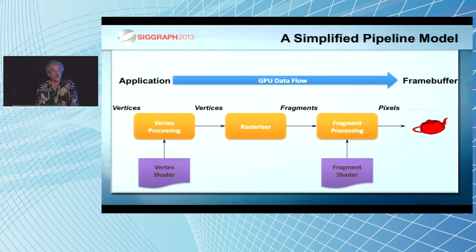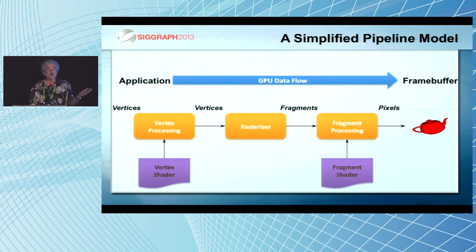I go on to fragment processing, which is described through a separate program called a fragment shader, and that fragment shader operates on each fragment. So another way to look at this is that a vertex processor is a program that acts on every single vertex that comes down that pipeline. A fragment shader is a program that operates on every single fragment which comes out of the rasterizer.